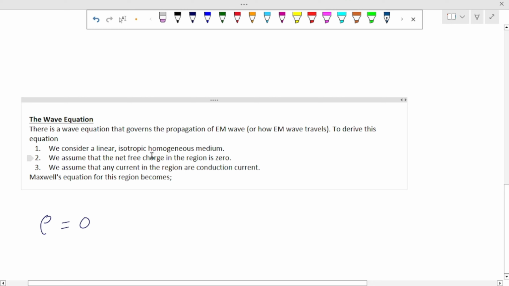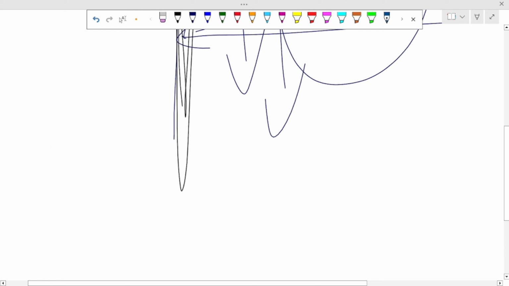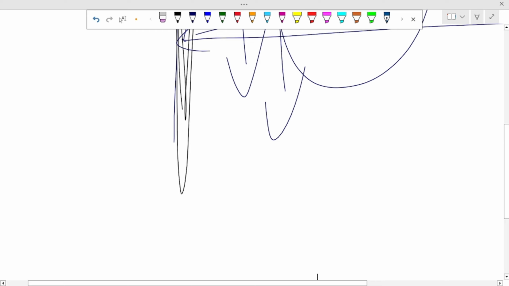Homogeneous medium. Let me go with homogeneous first. Homogeneous medium simply means every point in the medium has the same property. Imagine a cake. If you bite from any point, you will get the same taste. That's the meaning of homogeneous.